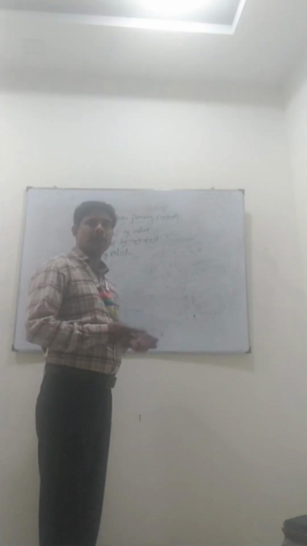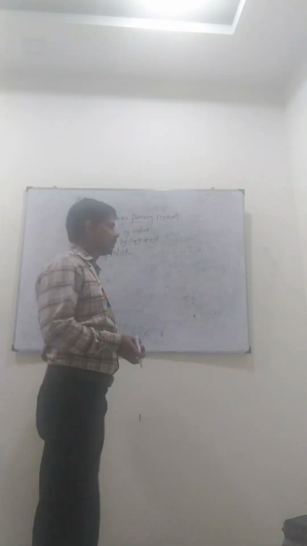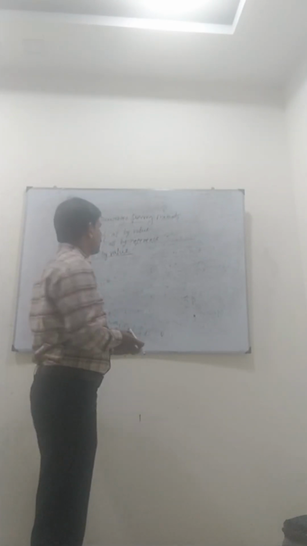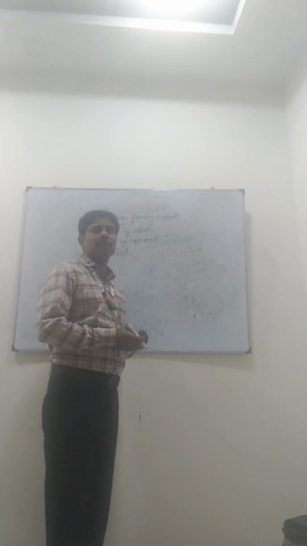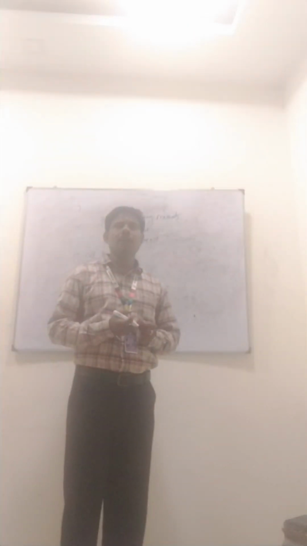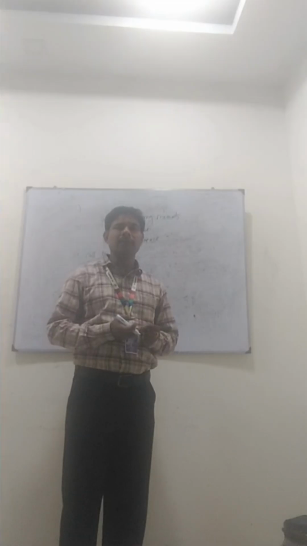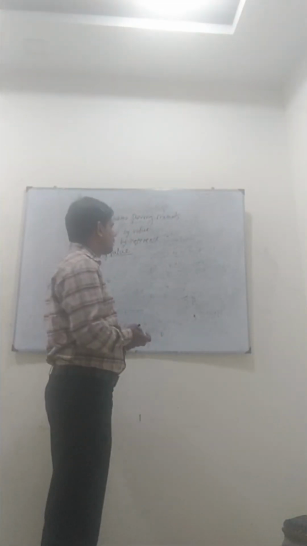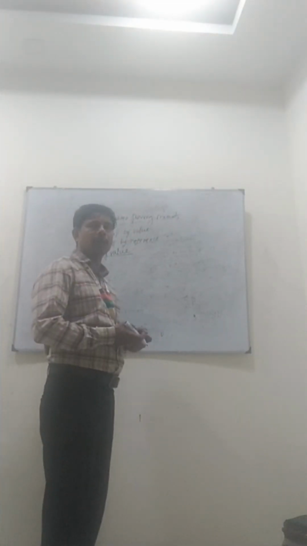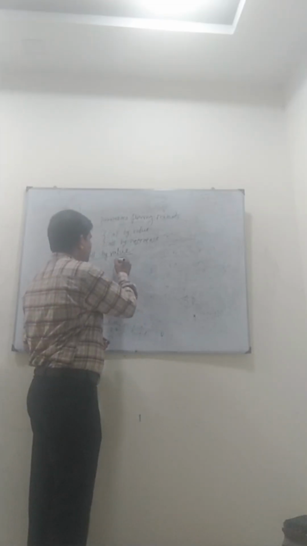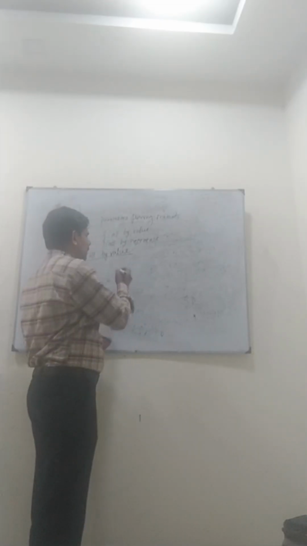Now going to discuss the parameter passing methods. There are 2 parameter passing methods. One is call by value and another is call by reference. First we are going to discuss the call by value example. For example, swap of 2 numbers.